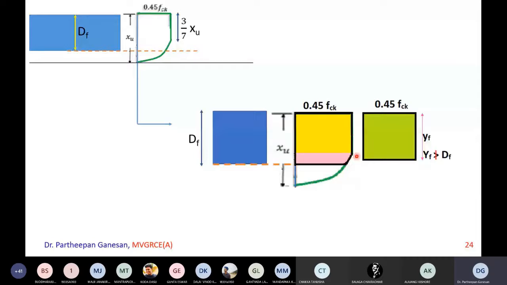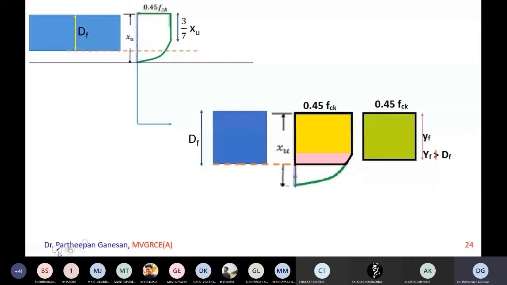This pink portion, the stress is non-linear. So now you have a combination of a linear part of 0.45 FCK to a depth of 0.43 XU, and the remaining portion is varying from 0.45 FCK to some other value here, which is less than 0.45 FCK.